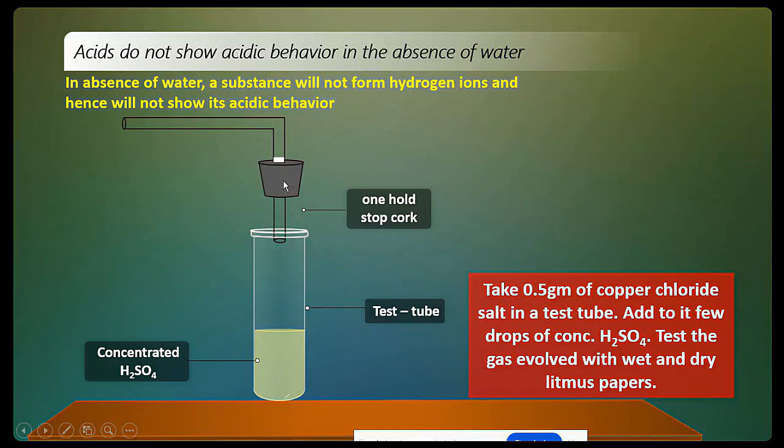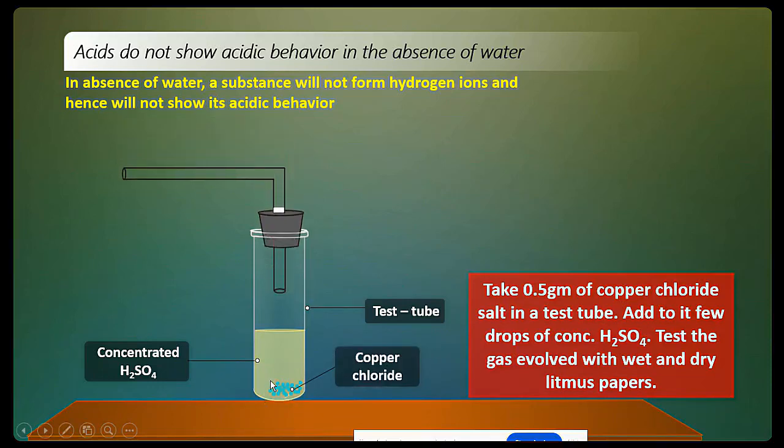We also have a rubber cork with one hole and a bent tube here. Copper chloride is added into this test tube, not zinc granules. Now if you close it, the reaction takes place between these two and then liberates a gas from it.